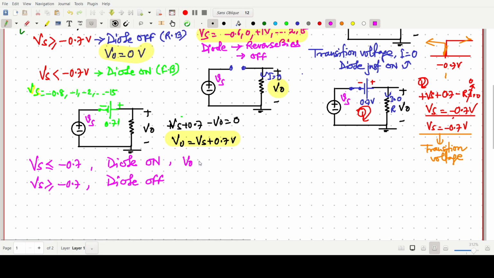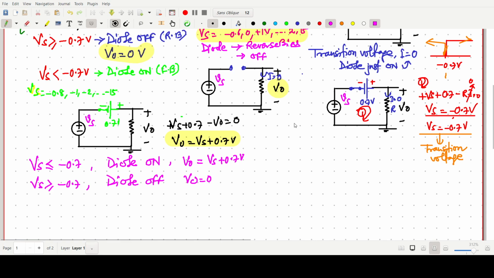Then when the diode is off, V naught equals 0, and when the diode is on, V naught will be Vs plus 0.7.